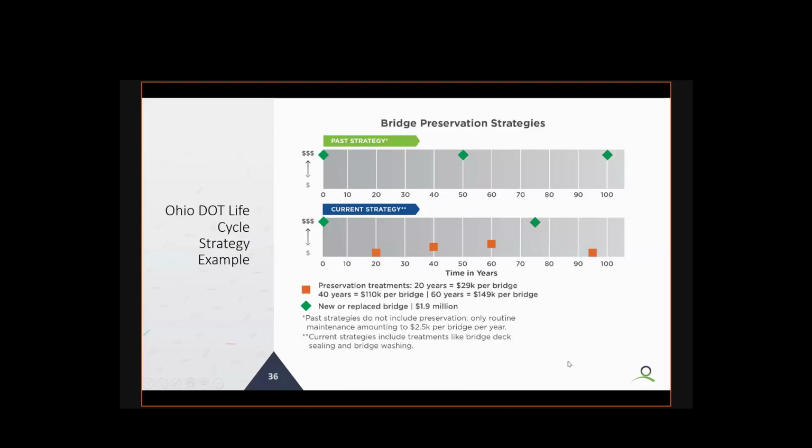But you can see it takes a long analysis period to work this out, right? If you just do a 10-year analysis, you're not going to see the benefit of that preservation treatment. But doing these long-term analyses of how bridges behave over their life cycle and what we can do at interim steps allows you to see that this is an improved strategy.